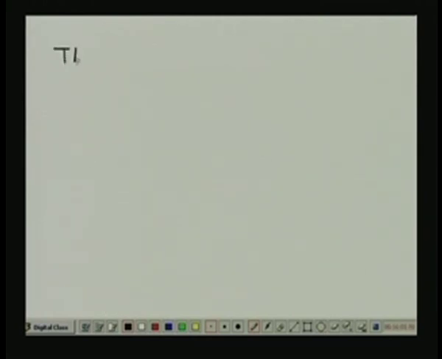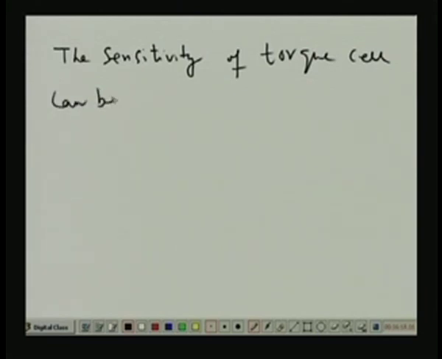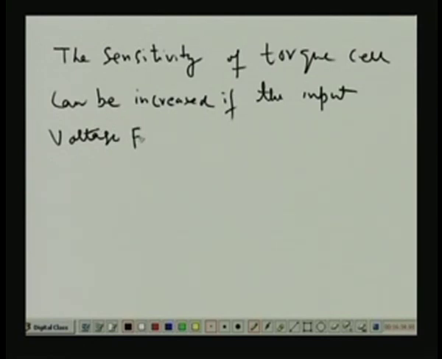The sensitivity of torque cell can be increased if input voltage or excitation is increased, right? That we have seen, is not it?